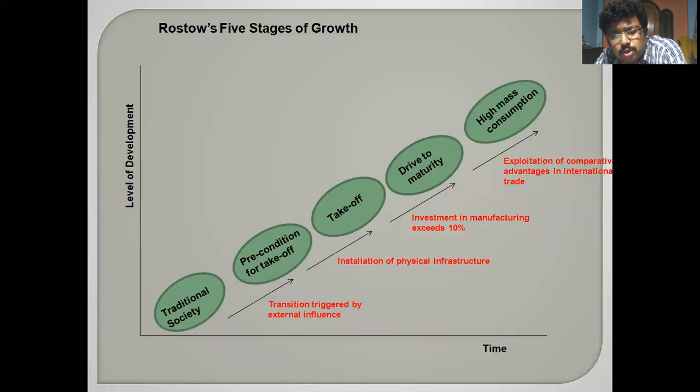According to Rostow, there are two types of takeoffs. One is domestically based takeoff, another is export based takeoff. Domestically based takeoff means there is a demand of domestically produced goods in the economy of the country.